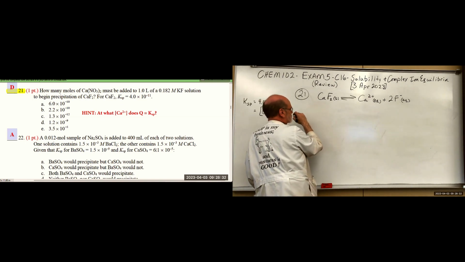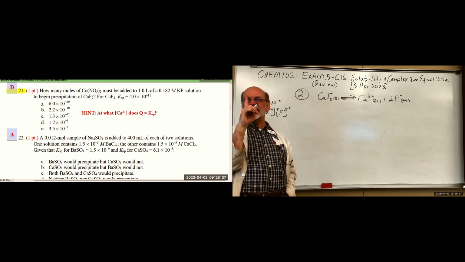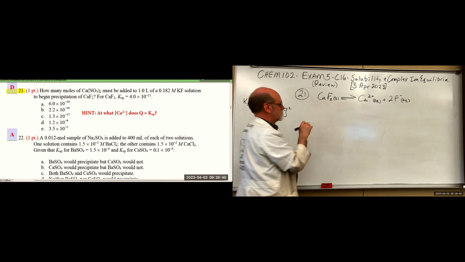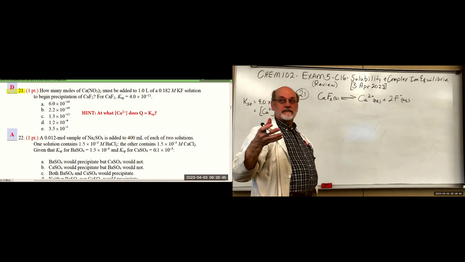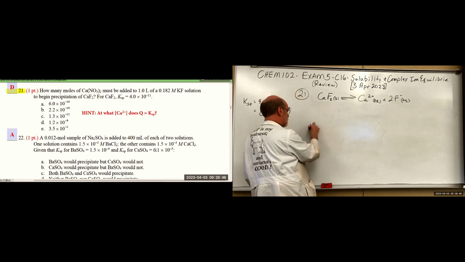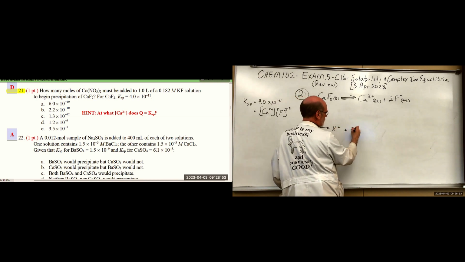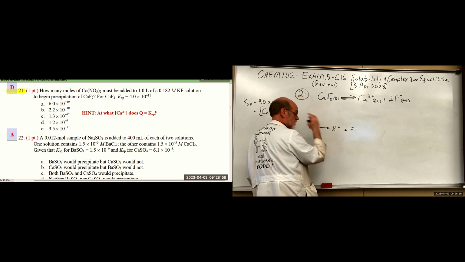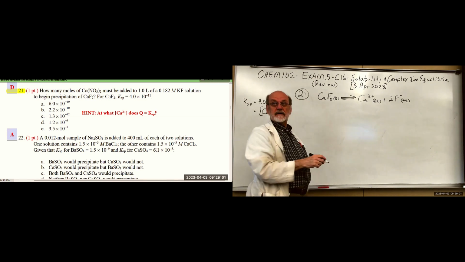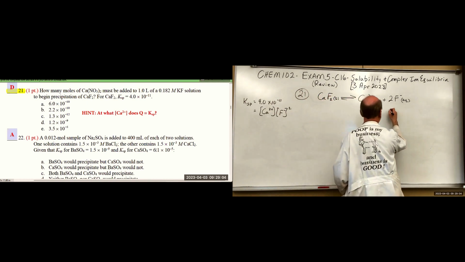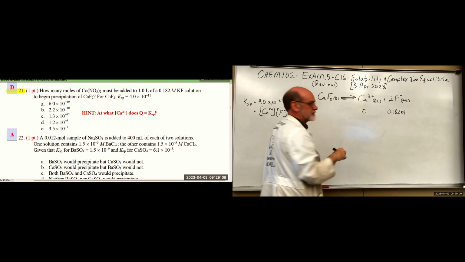Okay, so 0.182 molar KF. What's the molarity of F? Well, KF is completely soluble, and it produces K plus and F minus. So this concentration is the same as that concentration. So we know what our starting concentration of fluoride is. Right? It's 0.182 molar.